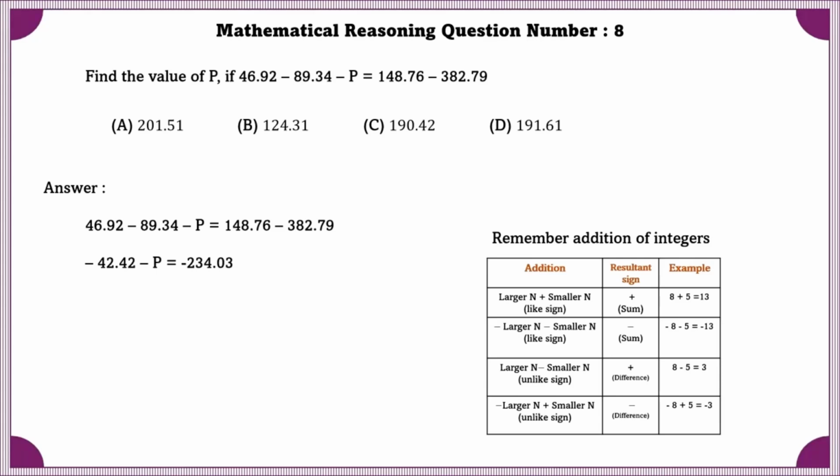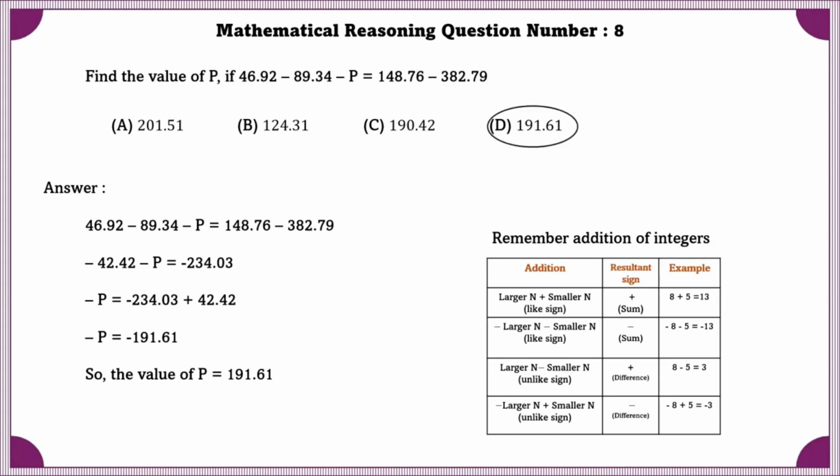We have to subtract and put the greater number sign. So it is minus 42.42. And then simplifying it, minus 234.03 plus 42.42, and then simplifying we'll get minus P is equal to minus 191.61. So the value of P is equal to 191.61.